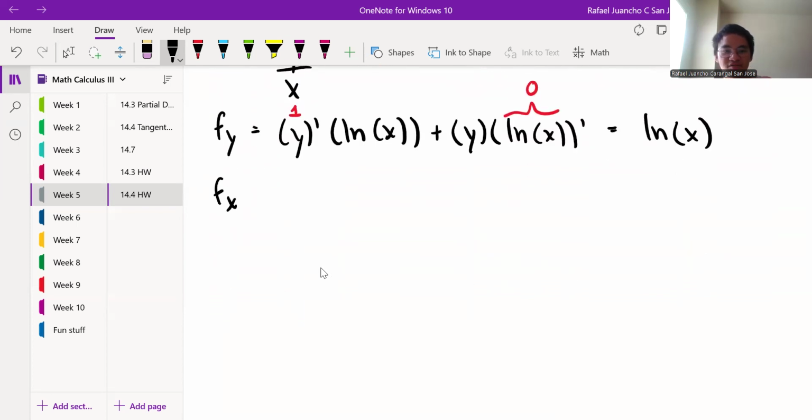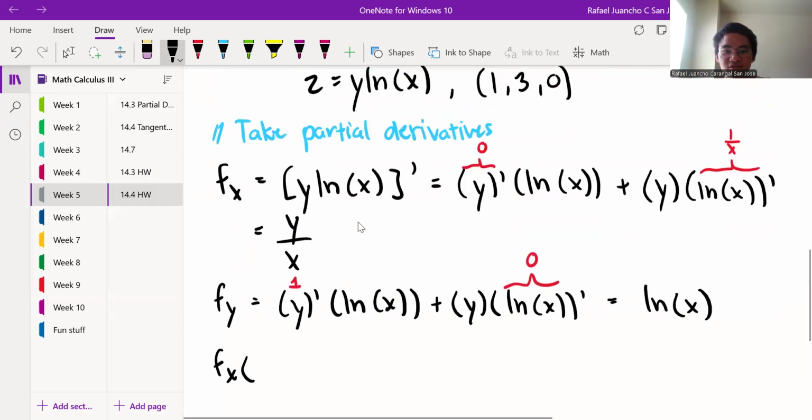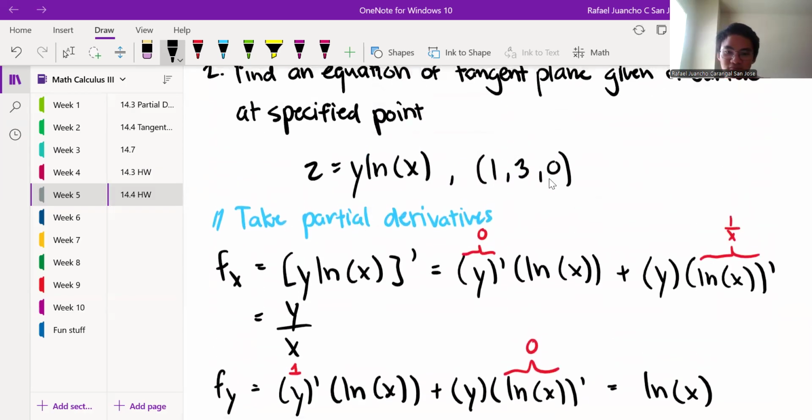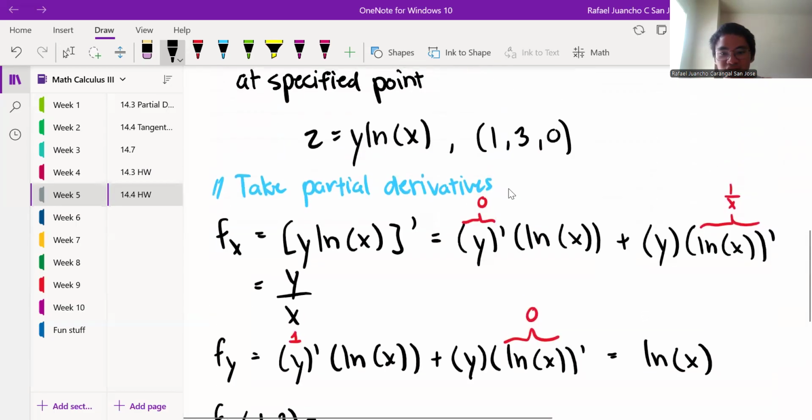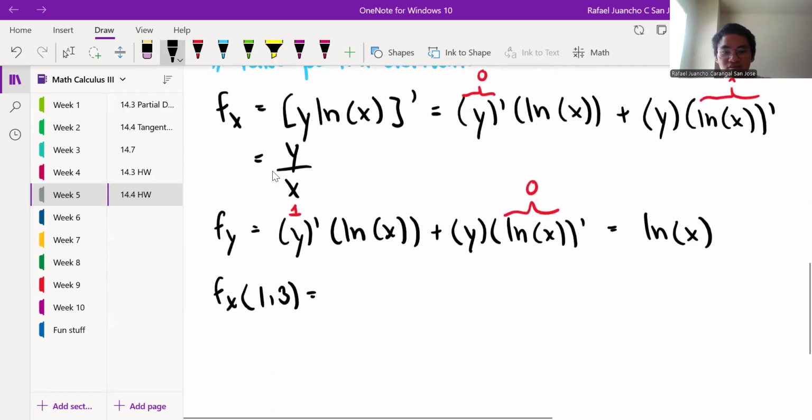So we have my f sub x at a particular point, 1 and 3, right? We're plugging in 1 and 3 because it's two variables, our x variable and our y variable. This is going to give us 3 over 1, 3.